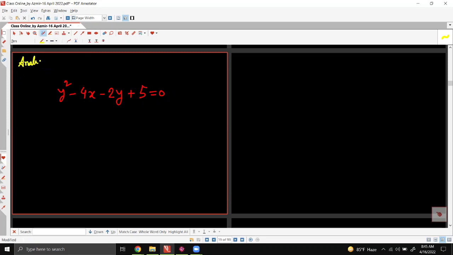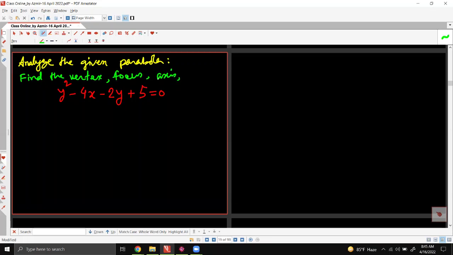So the question is, analyze the given parabola, or let's say find the vertex, the focus, the axis of symmetry, the directrix, latus rectum for this equation.